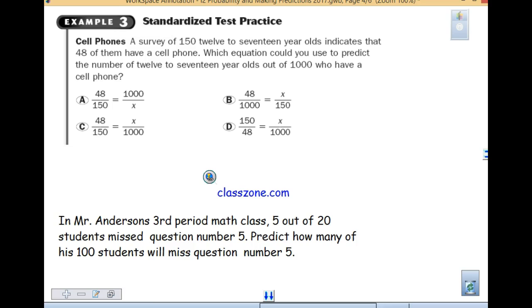As we take a look at the top of this next page, making predictions. Okay, on this next page down. It says a cell phone survey had 150 12 to 17-year-olds, and 48 of them have a cell phone. Which equation would you use to predict the cell phone ownership of 12 to 17-year-olds if there were 1,000? So I just want you to circle the one that you would choose and be ready to explain why.